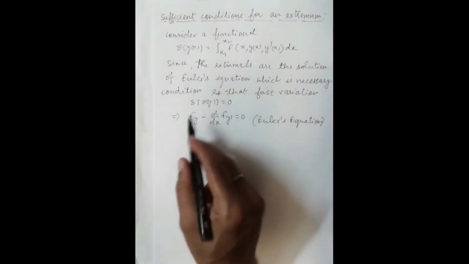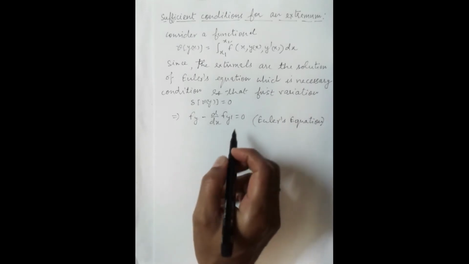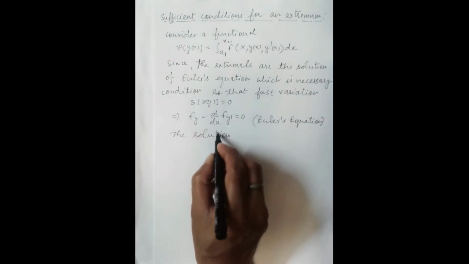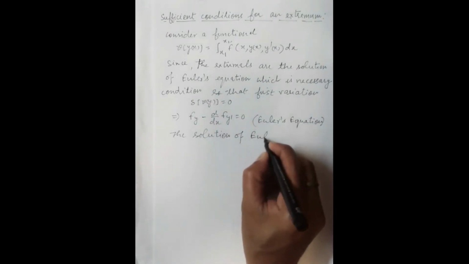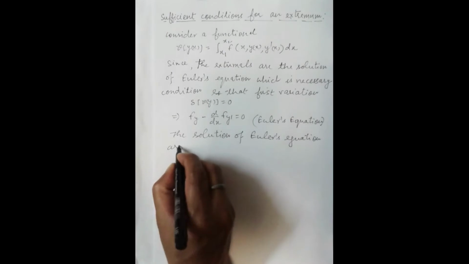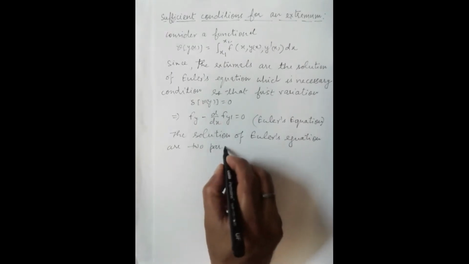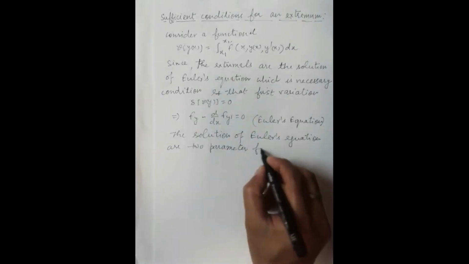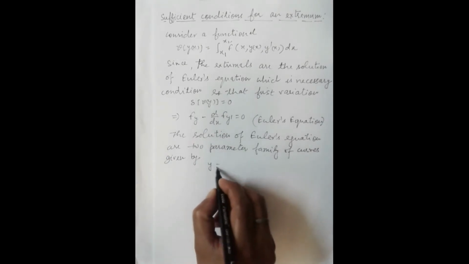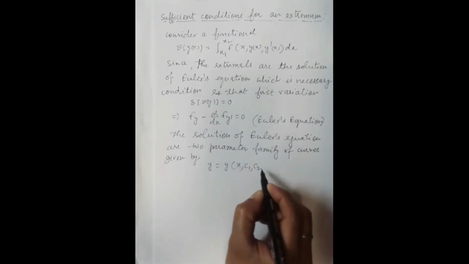The solutions of this Euler's equation are a two parameter family of curves given by y equal to y(x, c1, c2).